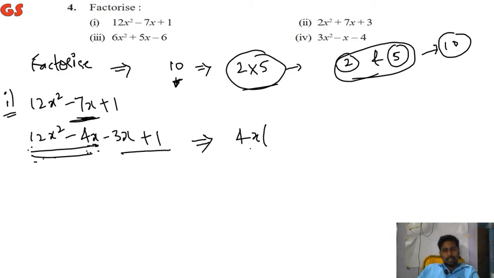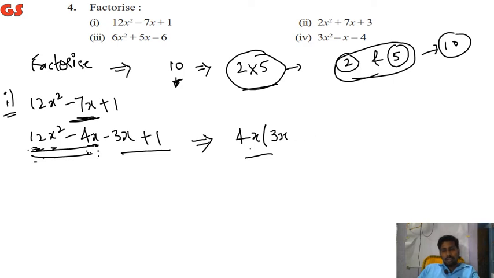What will remain inside? 4 times 3 is 12, so we write 3x inside. When you multiply, 4x into 3x is 12x square.